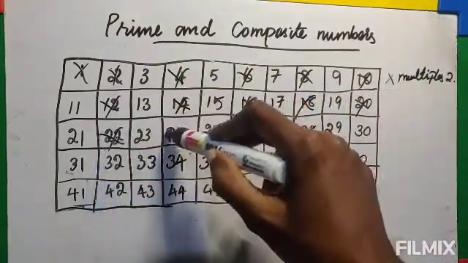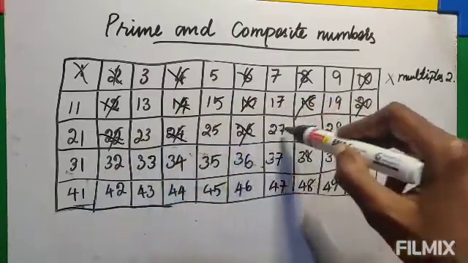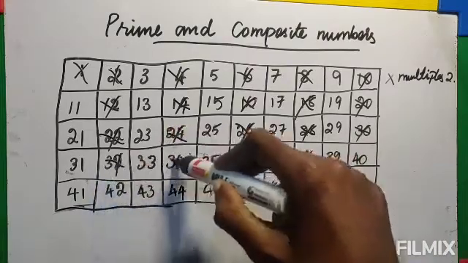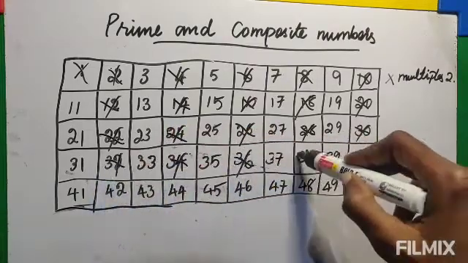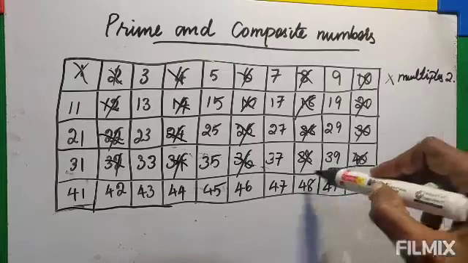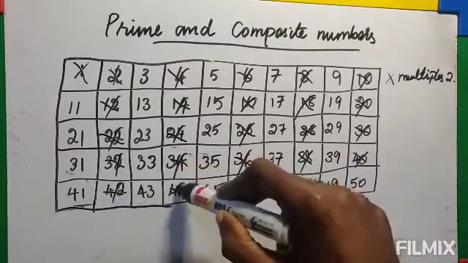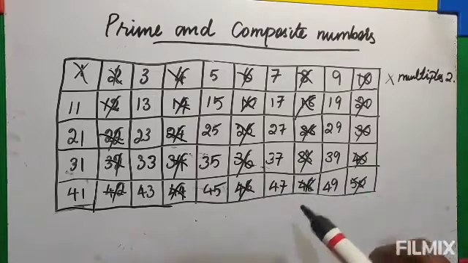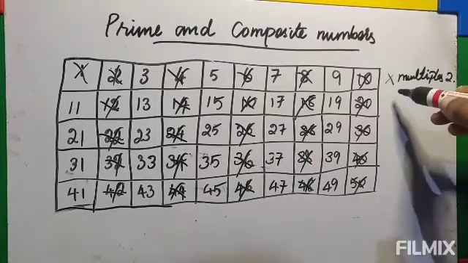Again 22, 24, 26, 28, 30, 32, 34, 36, 38, 40, 42, 44, 46, 48, 50. We finished crossing out the multiples of 2.